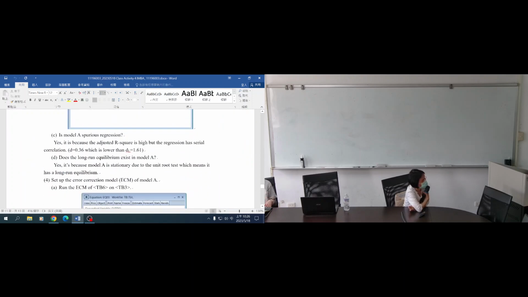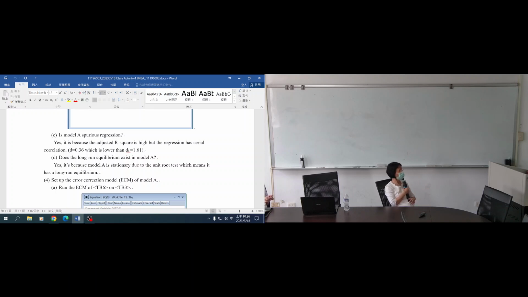If we want to answer whether the model is spurious or not, usually we don't use R-square, because for a time series model, R-square is always high, whether it is stationary or non-stationary.